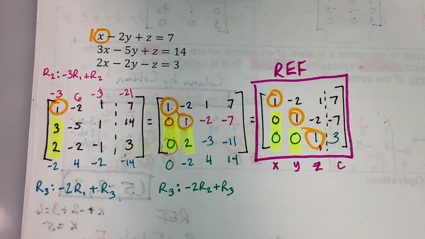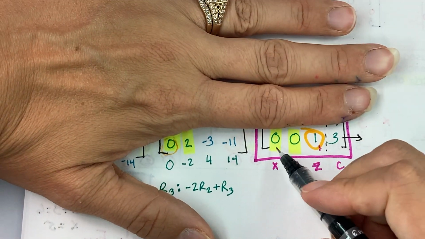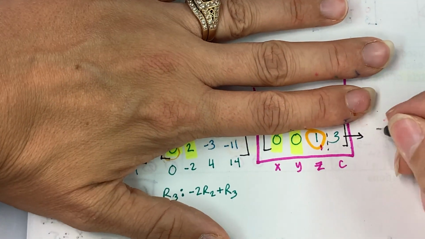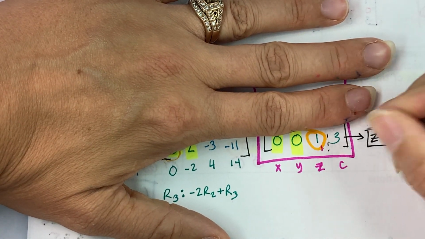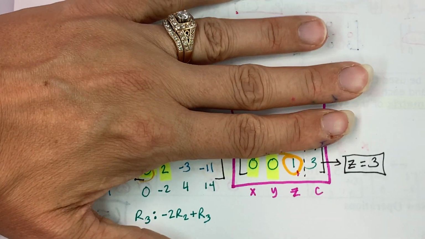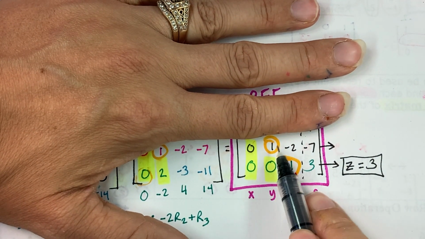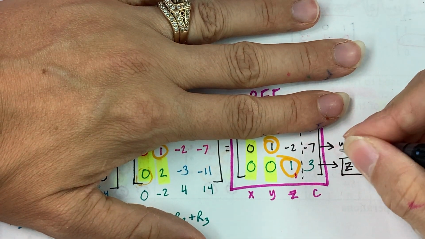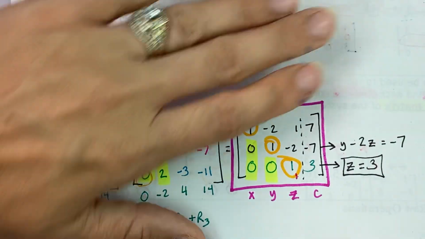So to turn row 3 back into an equation, we've got 0x, 0y, and Z equals 3. Ta-da! First part of my solution. We move up to our next row. This says 0x plus 1y, or just y, minus 2z equals negative 7.